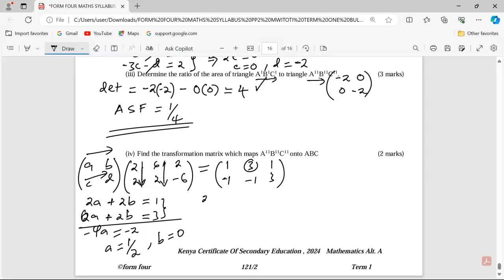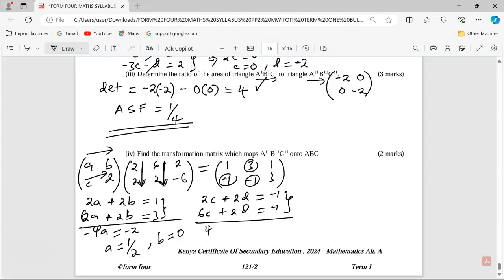So we will have 2c plus 2d giving us the first element at this point, a -1. Then again, the same row and the second column such that 6c plus 2d should give us the next element, which is a -1. Now that the coefficients of d are equal, we can again subtract to eliminate d.